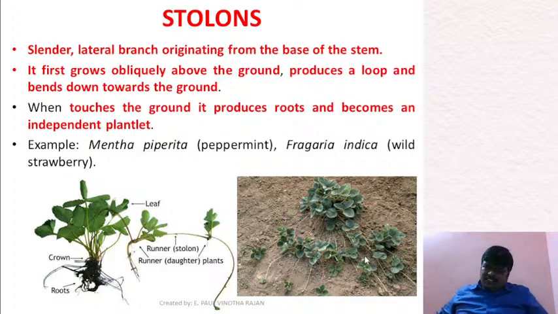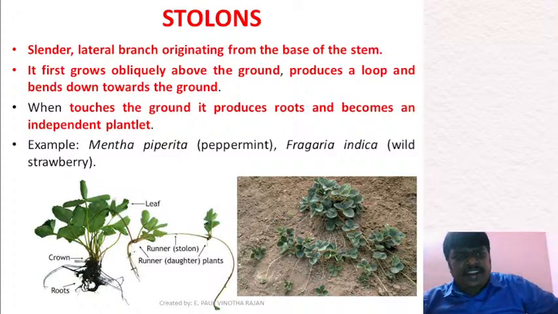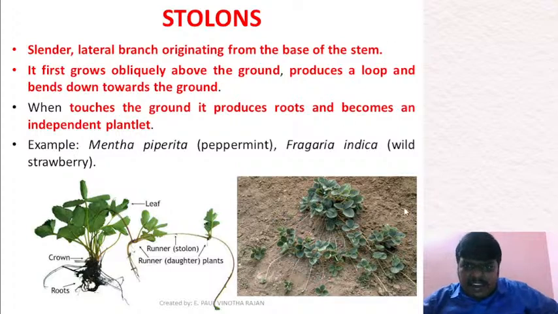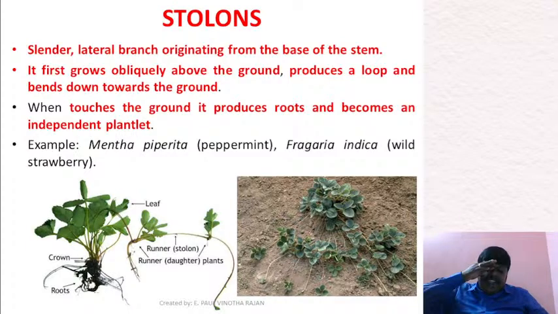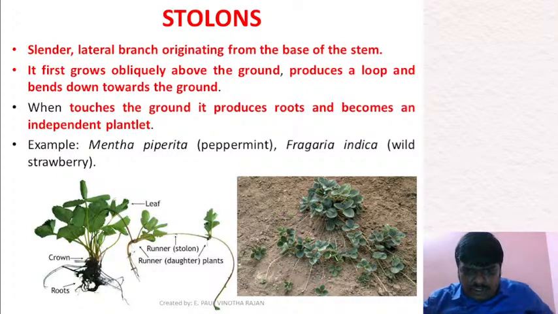The stolons are slender lateral branches that originate from the base of the stem. You need to understand that in the case of stolons, the branches are formed from the base of the stem.